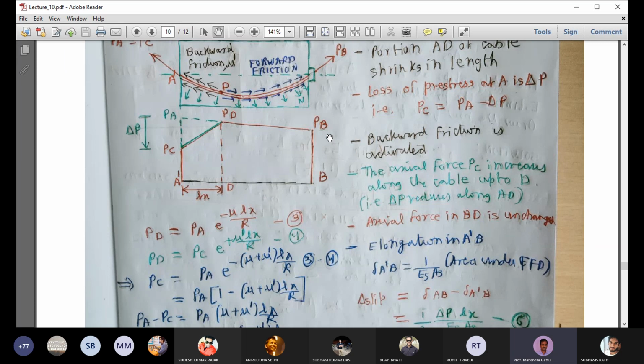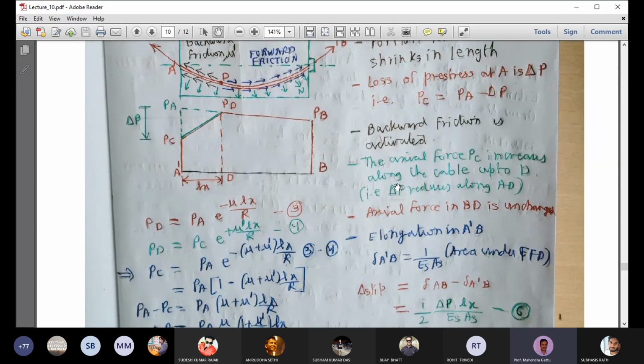I think we can analyze and find out what is this delta P, what is this length Lx, and what is this PD and all. To do that, we will have to look into the equations.